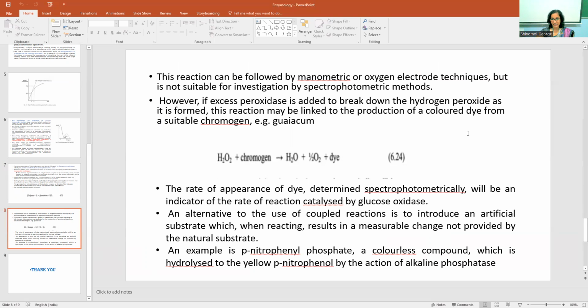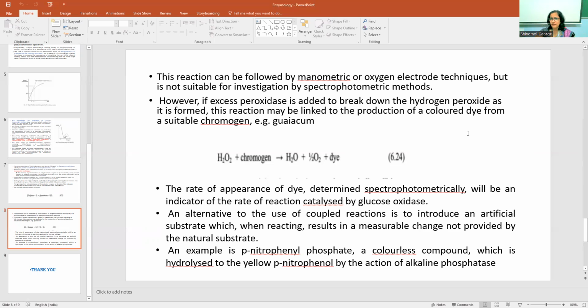Okay, the rate of appearance of the dye determined spectrophotometrically will be an indicator of the rate of reaction catalyzed by glucose oxidase. Okay, so an alternative to the use of a coupled reaction is to introduce an artificial substrate which, when reacting, results in a measurable change of color not provided by the natural substrate. So, for example, para-nitrophenyl phosphate is a colorless compound which is hydrolyzed to yellow para-nitrophenol by the action of alkaline phosphatase.